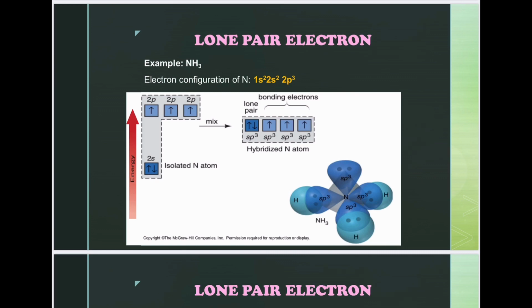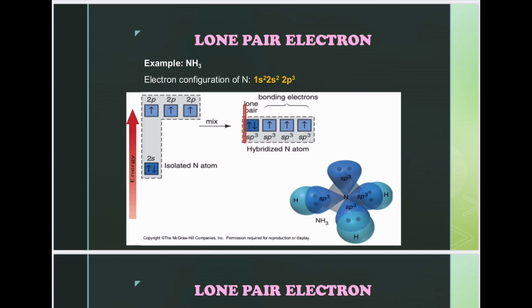Example ammonia, electron configuration of nitrogen: 1s2 2s2 2p3. This is the orbital diagram for the isolated and hybridized nitrogen atom. For the isolated nitrogen atom, follow the electron configuration, and when everything mixes up it becomes sp3.